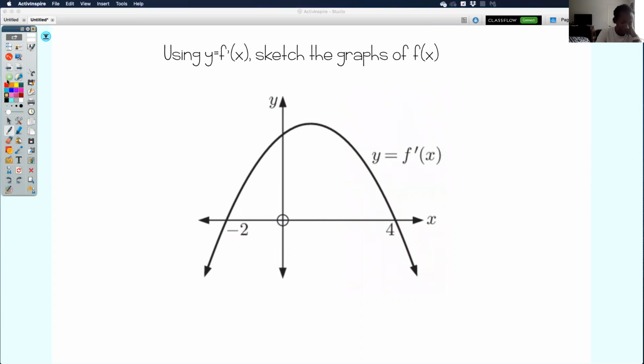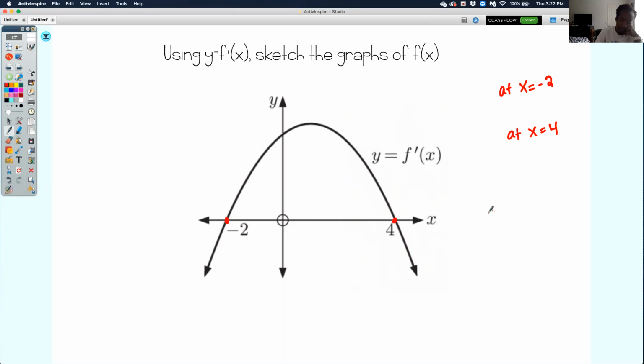So remember, wherever there are x-intercepts on your first derivative, that means there's potential extrema or stationary inflection points on your original graph. As we can see, there's something happening at x equals -2, and there's something happening at x equals 4 because we have x-intercepts. That's where the first derivative is equal to 0.